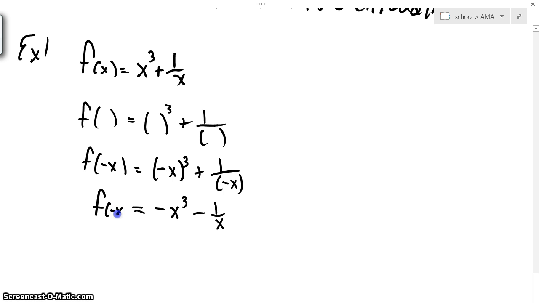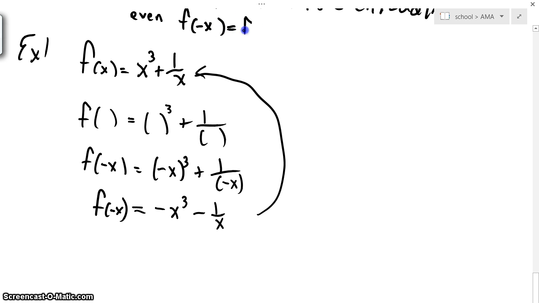Now, f of opposite x very clearly is not equal to f of x itself. I think that's fairly obvious. For an even function, again, what you want to see is f of opposite x would equal f of x. We're not getting that. For an odd function, though, we'd have f of opposite x would equal the opposite of f of x. Well, take a look at what we've just written here. I see a negative and I see a negative.